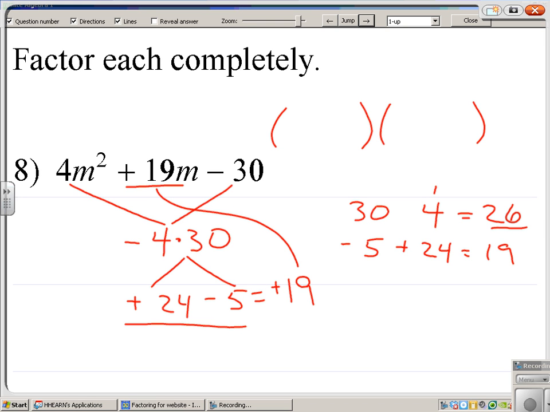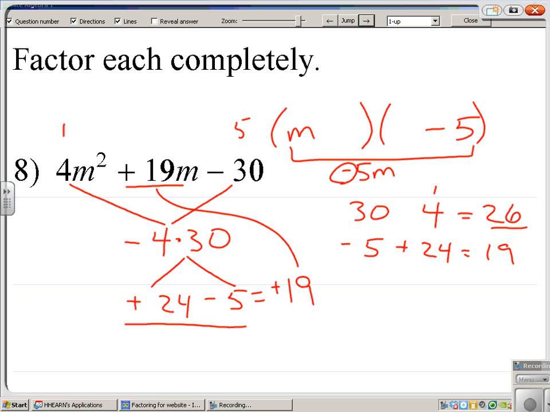Hopefully by now you know which one of those I'm going to choose. If I chose 24 as my outside product, I'd be looking for 1s and 24s, 2s and 12s, 3s and 8s, 4s and 6s. But if I choose negative 5, I'm just looking for a 1 and a 5. 1 from here. 30 has a factor of 5 for me. So 1m and a 5, and once again, should be minus.